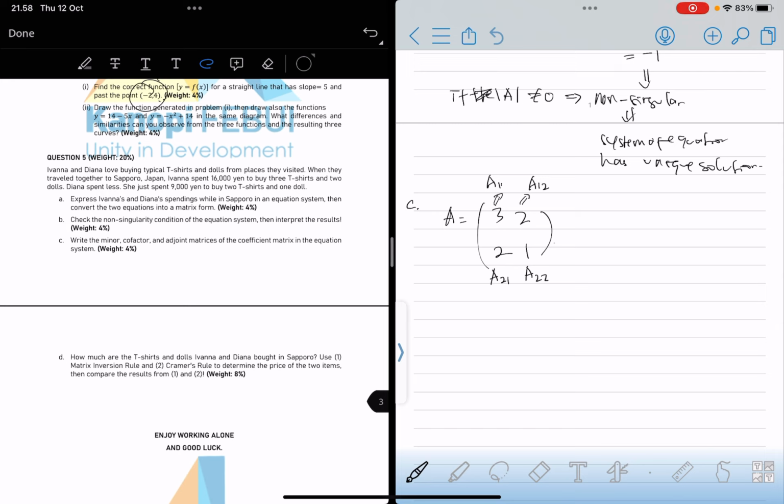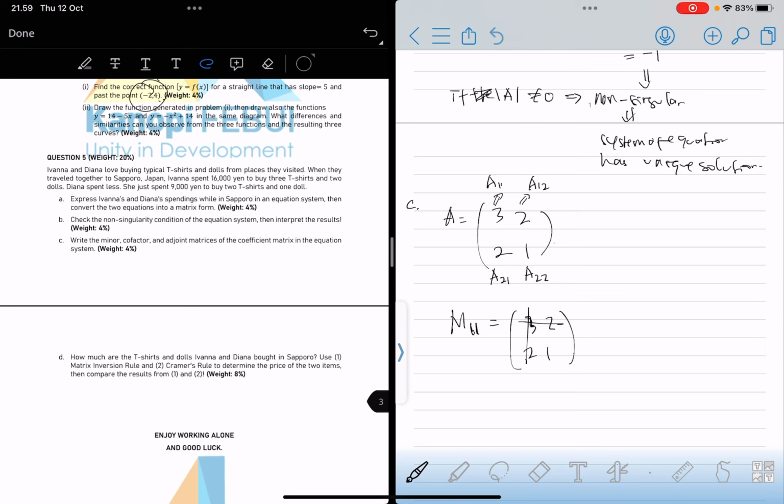So for minor 1,1, we should eliminate the row and column, because 1,1 is row 1 and column 1, so we should eliminate the first column and the first row.